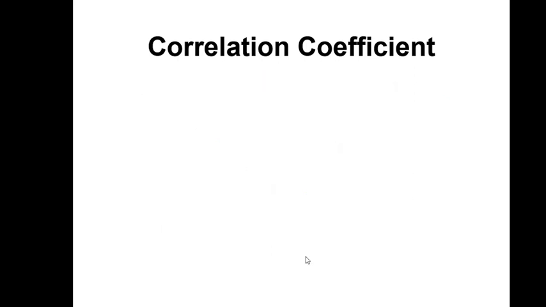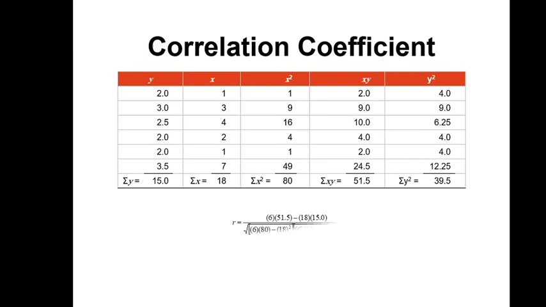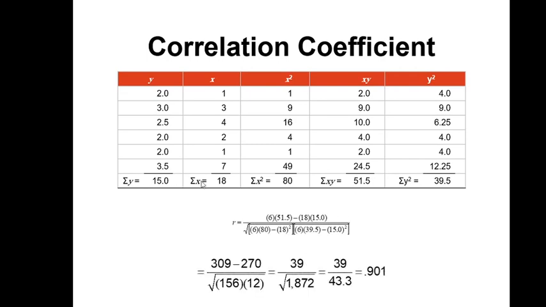Let's apply the correlation coefficient for our example, exactly the same example. You see, everything is given, so you have to apply the formula of R. Then we will have R as 0.901, which means that the relationship between the barrel and the sales for our company is 90.1%, which is a very strong relationship, and it's a positive one.